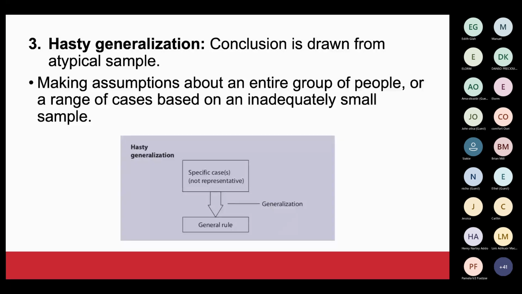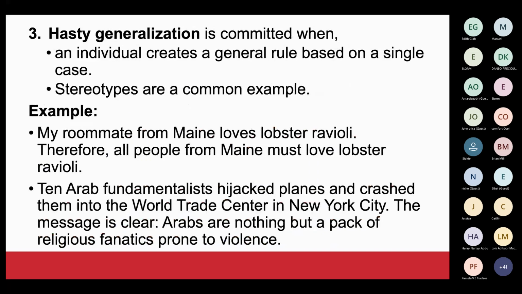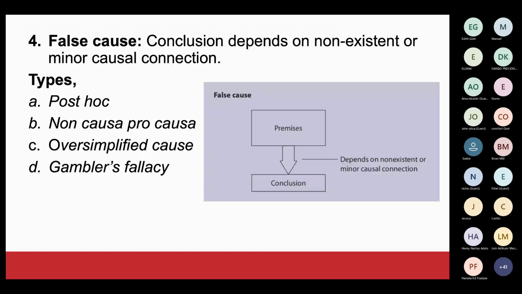So, I have a lot of examples here for you. Okay. So we have false cause. False cause is when the conclusion depends on non-existent or minor causal connection.